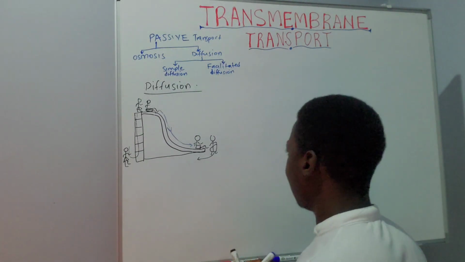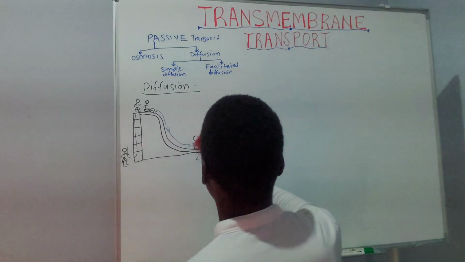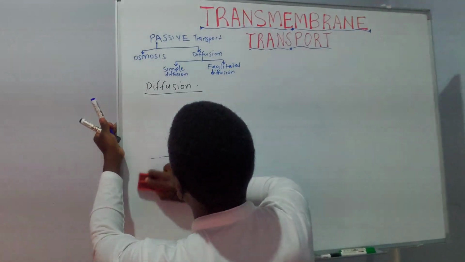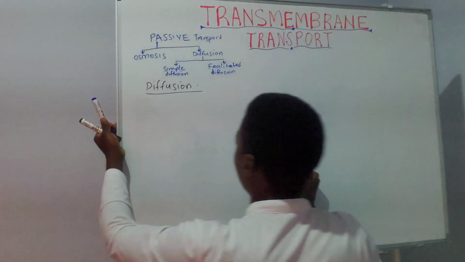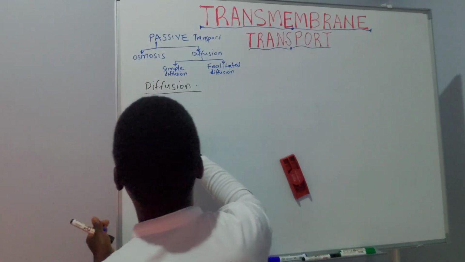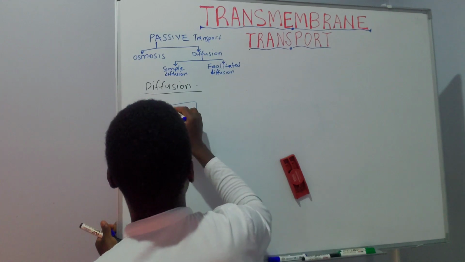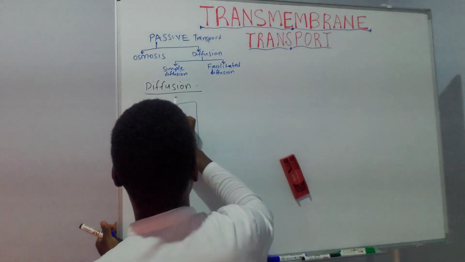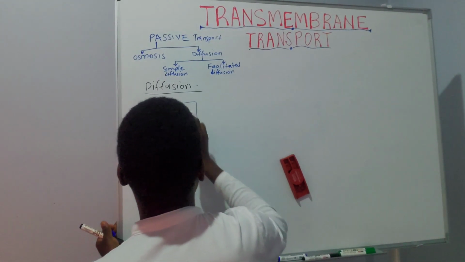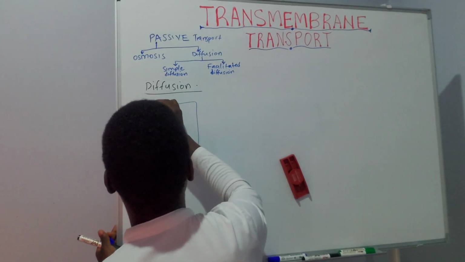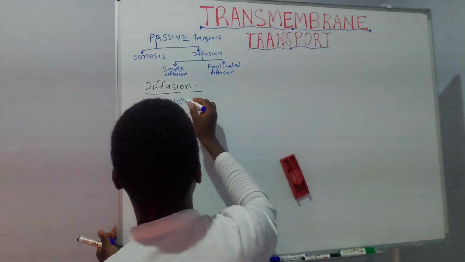The same thing happens if we use an actual cell. If this is a cell, for example, a schematic representation or diagram of the cell with the fenestrated membrane, this is the inside, this is the outside, and this is the inside of the cell.